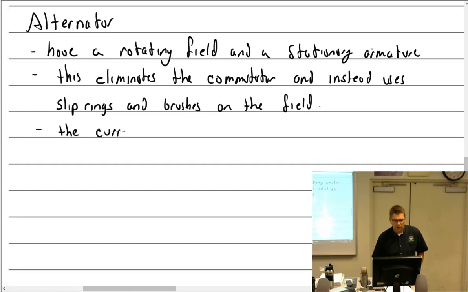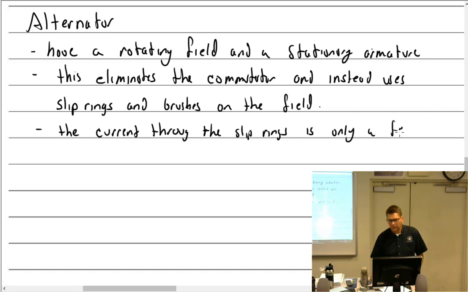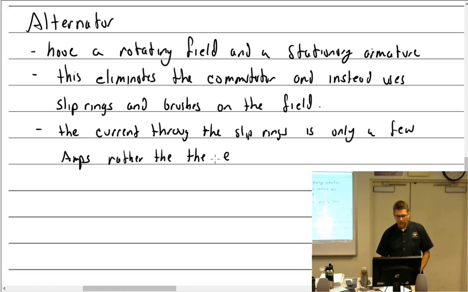The current through the slip rings is only a few amps, it's going to depend on the field strength, rather than the entire load or the entire output.